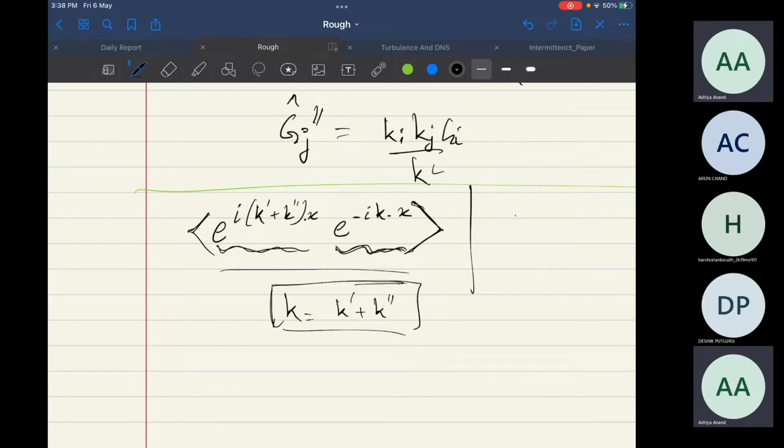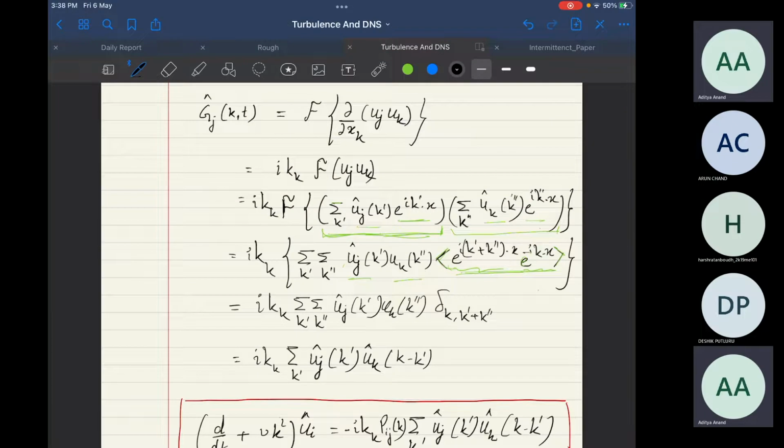I thought maybe I'd give you a derivation of this, but I had not prepared for it, so maybe in the next class. But this term will survive when k is equal to the summation of k prime and k double prime. So that's what has happened here. This term is written as delta of k and k prime plus k double prime. Only when these two are equal will you have unity here, and now you have an expression like this.